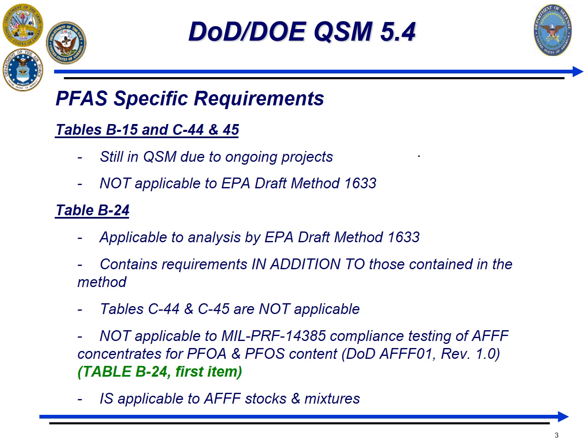They are not applicable to method 1633. The table that is applicable to 1633 is table B-24. It contains requirements that are in addition to those requirements contained in method 1633 itself. And again, tables C-44 and C-45 cannot be applied to table B-24.